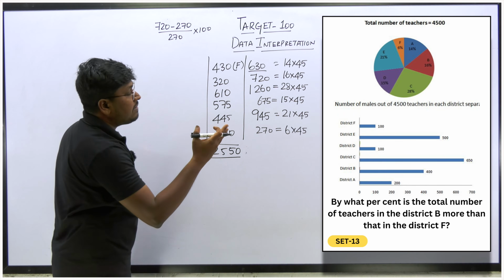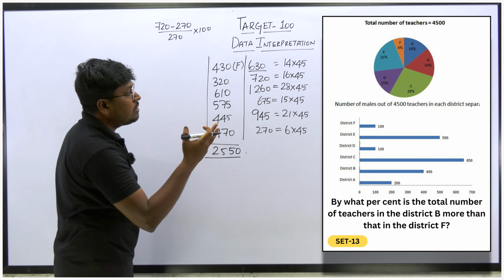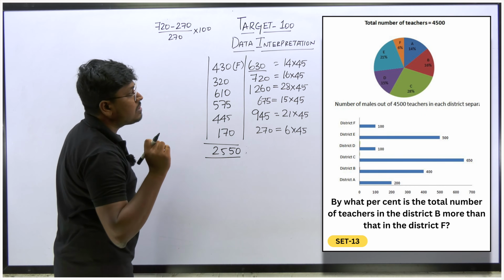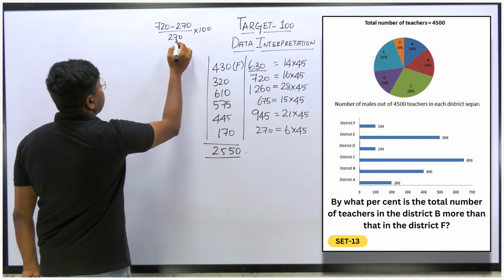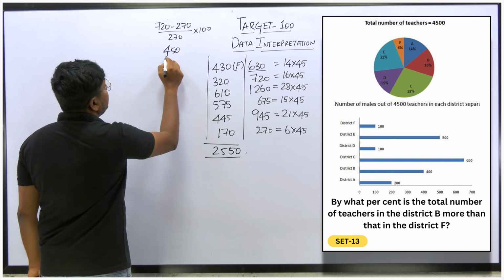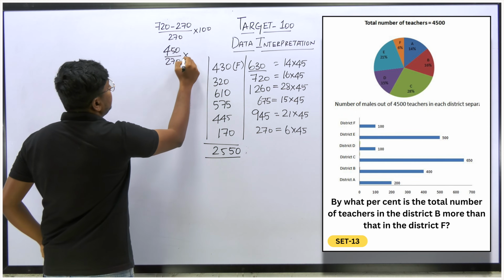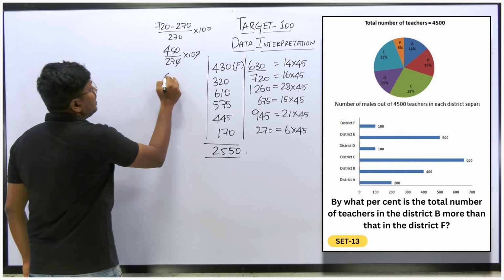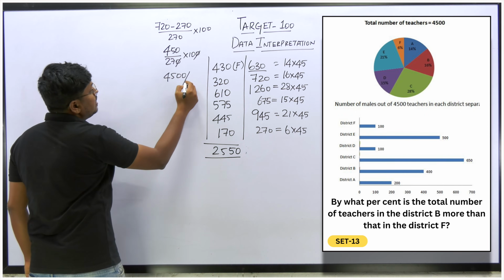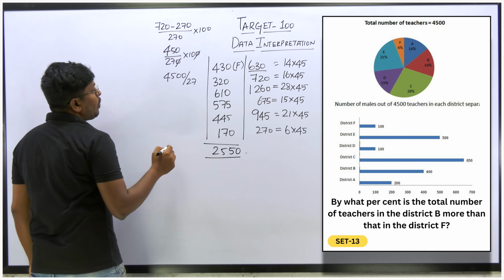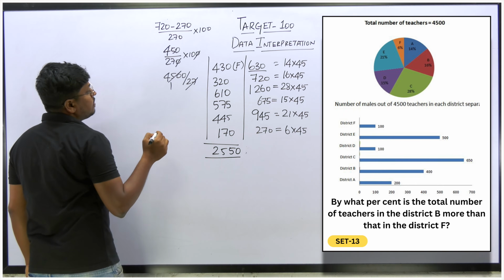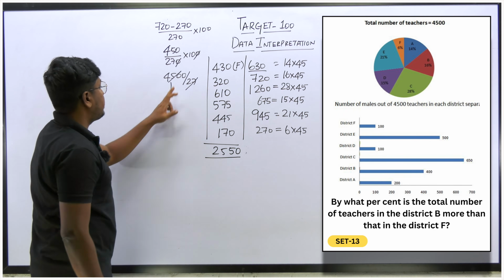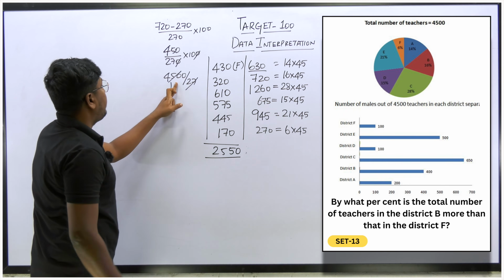So now this will be 450 divided by 270 into 100. So 4500 divided by 27. So 1 times 27, 17, 5.